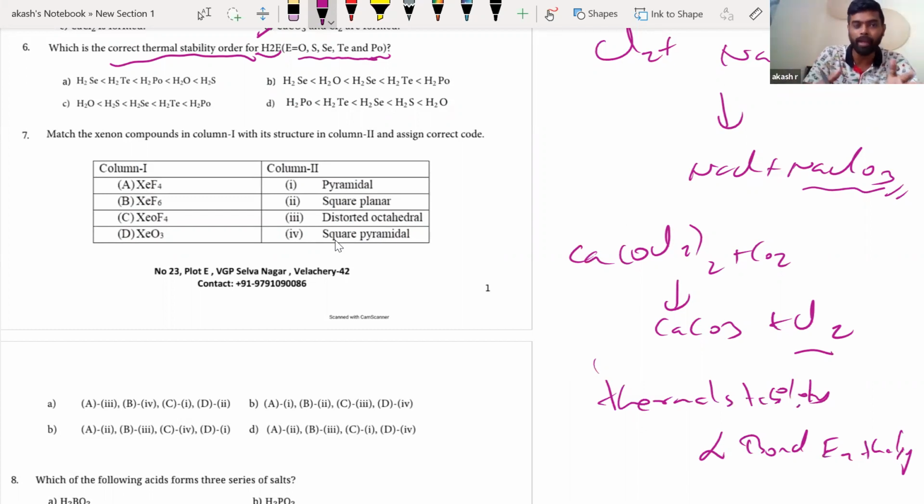We already saw in the previous question that when I go down the group, the bond energy decreases. In H2O, the OH bond is the strongest, and tellurium was the weakest. In this case, polonium would have been the weakest. So polonium should be the least stable. H2Po should be the least stable, and H2O should be the most stable because of the higher bond enthalpy. So the answer to this question is option D.